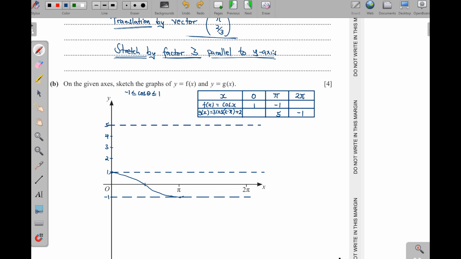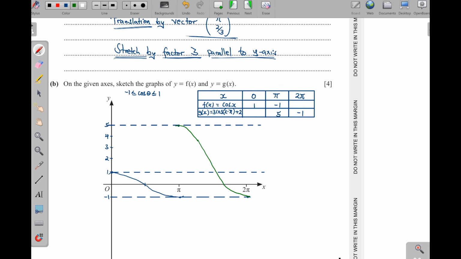Okay. And then the other one is going to be, for this one, 5 and then negative 1. So we have 5 here, then negative 1 here. That means if I can even use another, so this is the maximum and this is its minimum. So you draw here, then you bring it down like this, and then you curve it just like that.